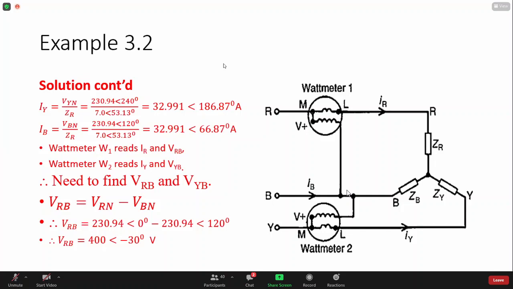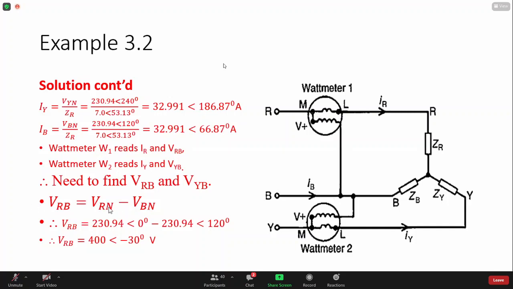We need to find VRB and VYB. So we hadn't found any line voltages before, but we now need to find them since the wattmeter is reading those. VYB for wattmeter 2 and VRB for wattmeter 1.